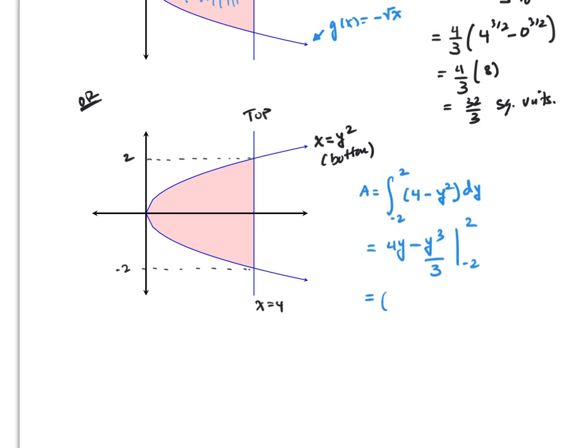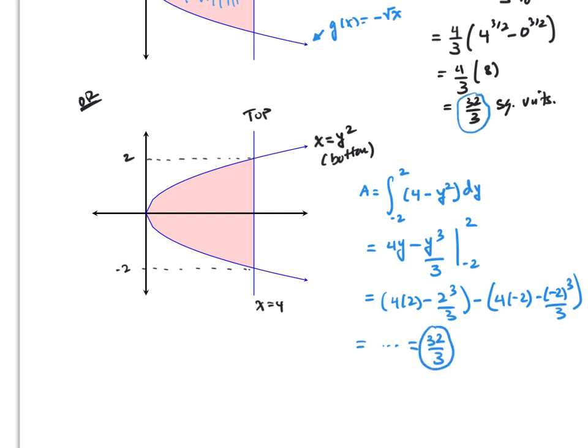And you plug in the limits of integration, it will be 4 times 2 minus 2 cubed over 3, and then minus 4 times minus 2 minus (-2) cubed over 3. And you should check the algebra, the arithmetic, and this is 32 over 3, which is no surprise because it has to be exactly the same area.